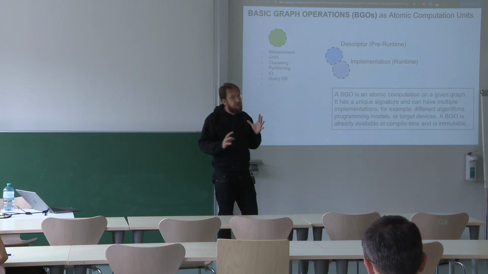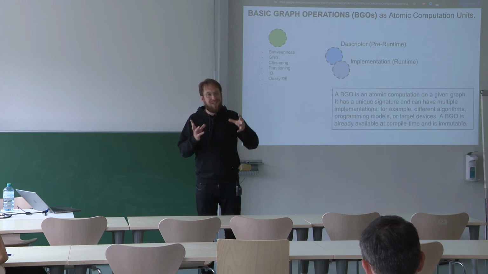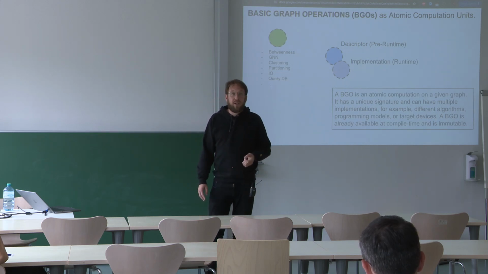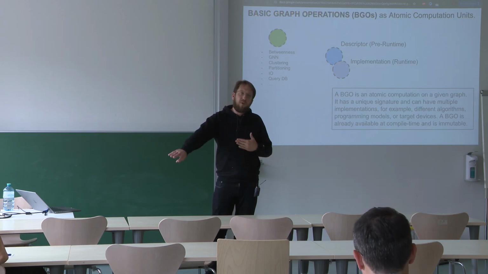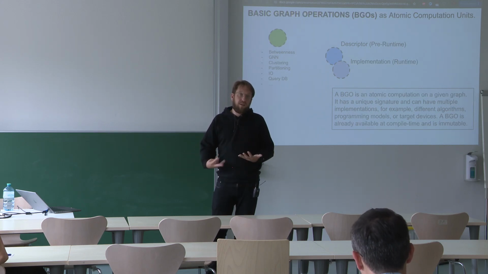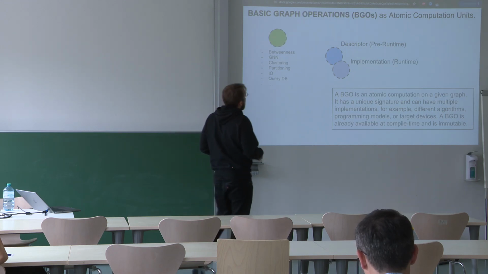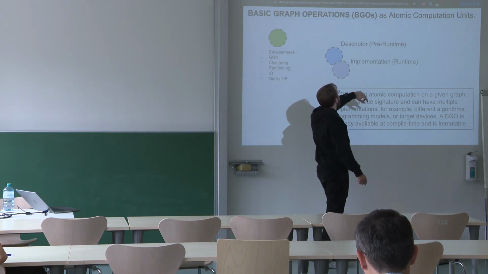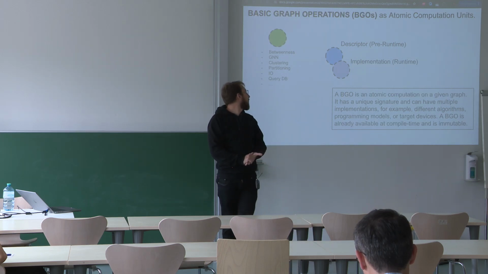And we have two different views of BGOs, of these basic graph operations. There's a descriptor, which is practically something like a function signature with an ID that points to an implementation and some meta information. And we have the actual implementation that lives at runtime, right? So these descriptors live before.